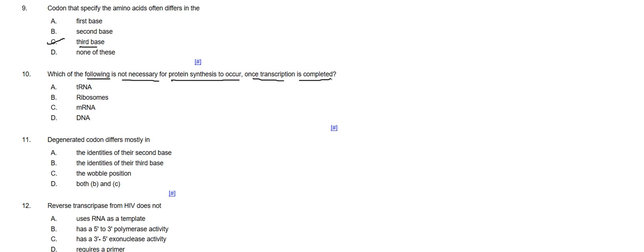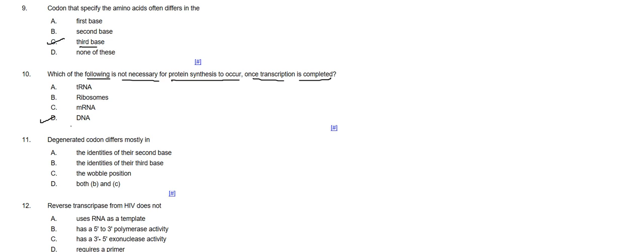So once the transcription is completed, which one of the following is not necessary? So which one will be the correct answer, guys? The correct answer will be DNA. Okay. So DNA will not be necessary at that time.